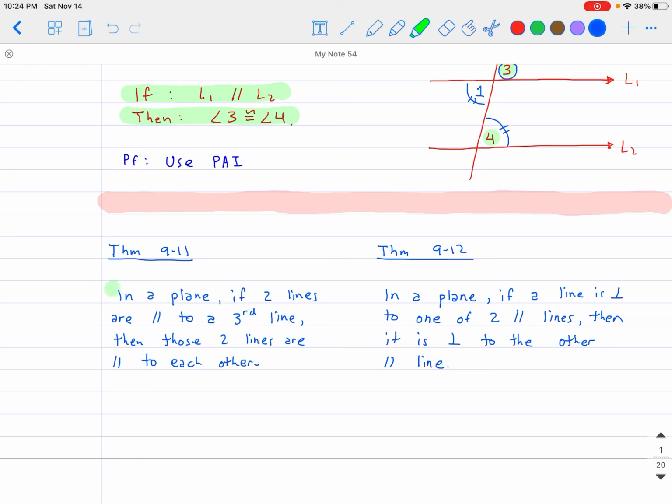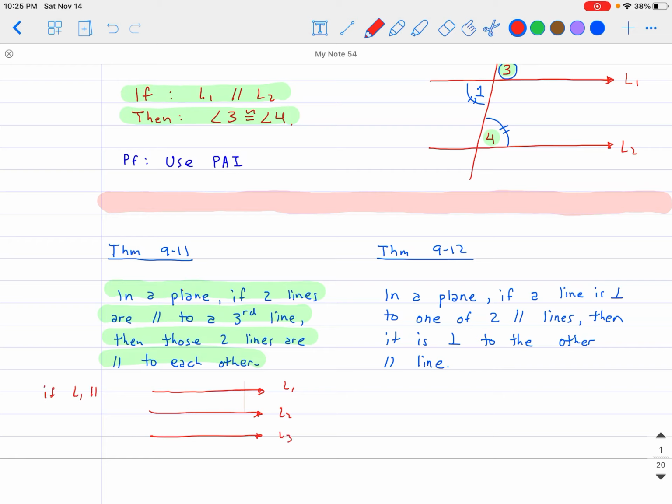So here's the first one then. If in a plane, two lines are parallel to a third one, then those two lines are going to be parallel to each other. So here, if I just draw a picture so you can see what's actually happening, we're basically saying the following right here. Let's say that we have L1 over here, L2 over here, and L3 over here.